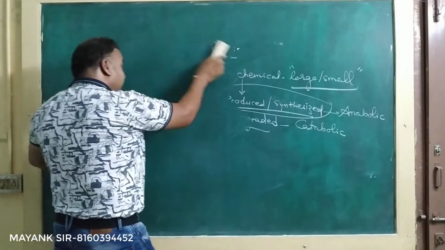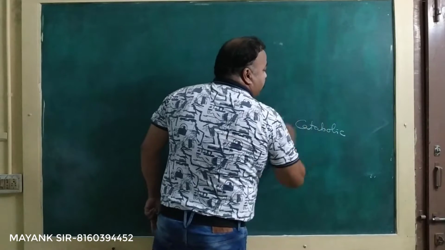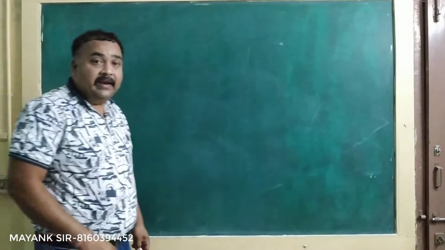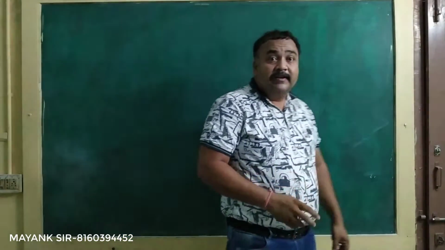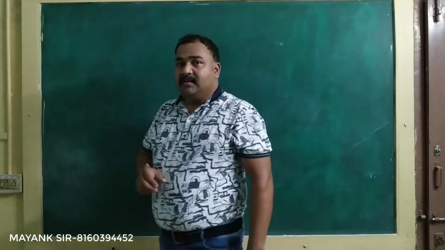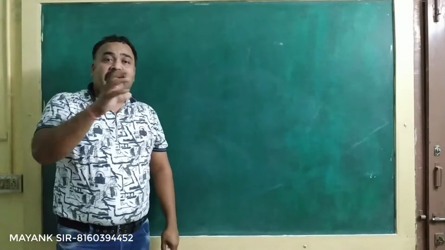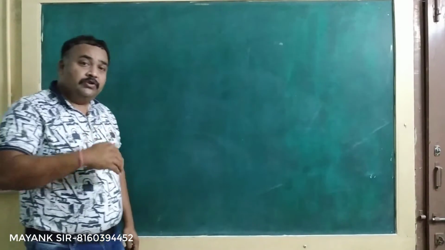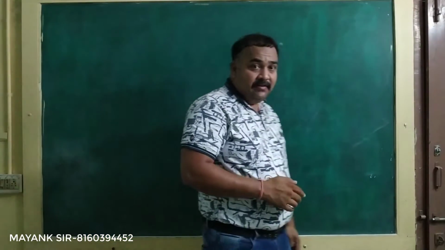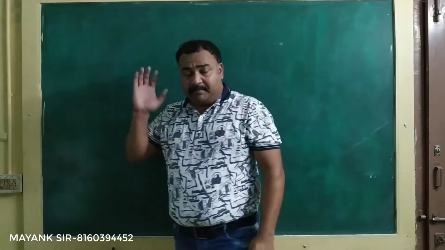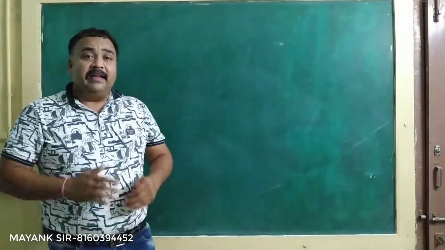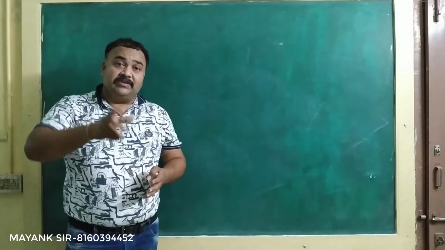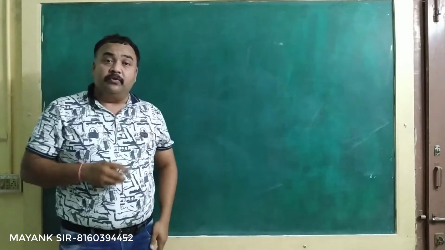Now the fourth one. We know that every single living organism is capable to sense the different kinds of environmental changes, and it also has the ability, that means the living organism is having the ability to react towards the changes of the environment or the stimuli.